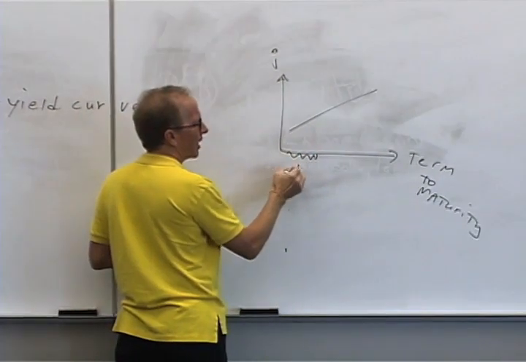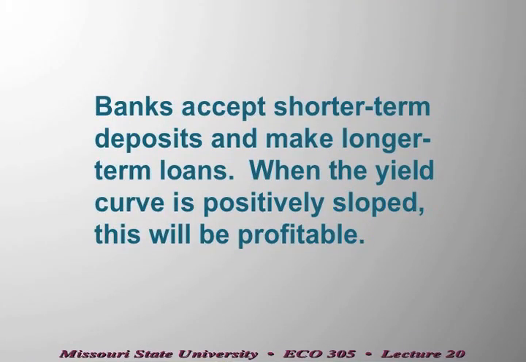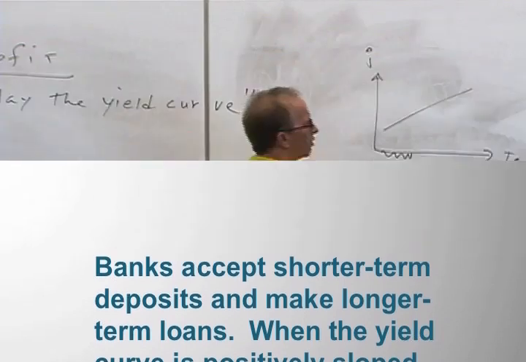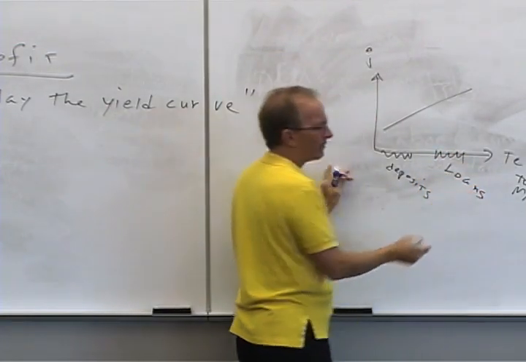They take in deposits, and I just talked about this a moment ago where bankers are taking in deposits. Bankers take in deposits that tend to be shorter term. Checking deposits have no maturity, right? You can put money into a checking account and go right out and write a check that day. So bankers take in shorter term deposits, and then what they do is they make loans that have a longer maturity.